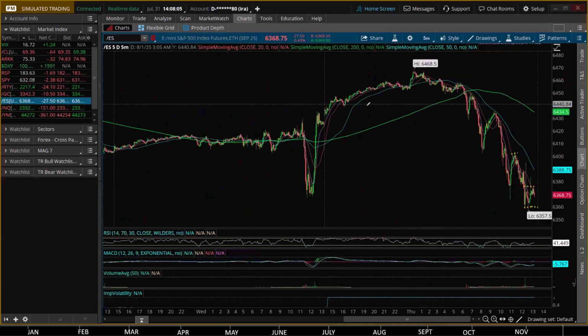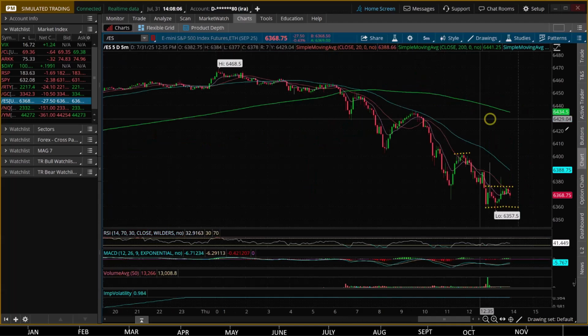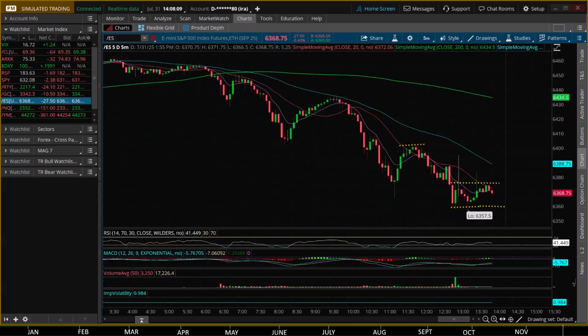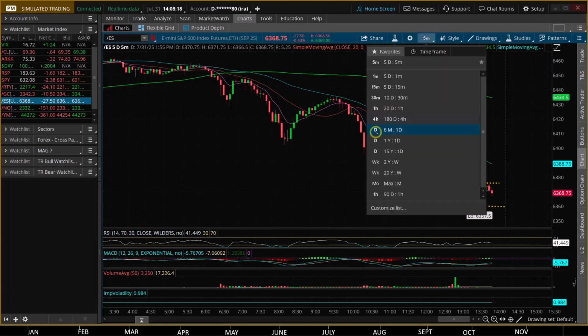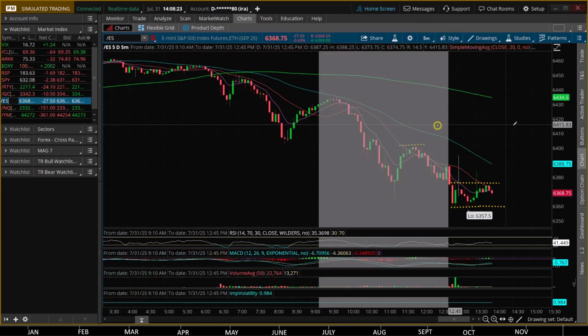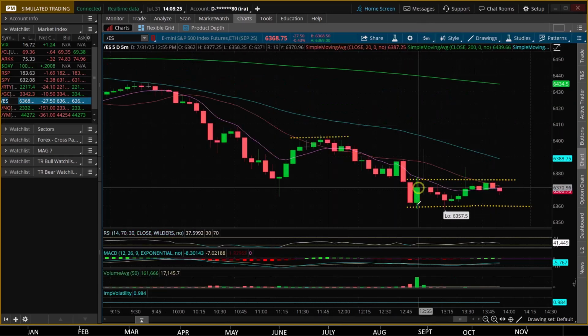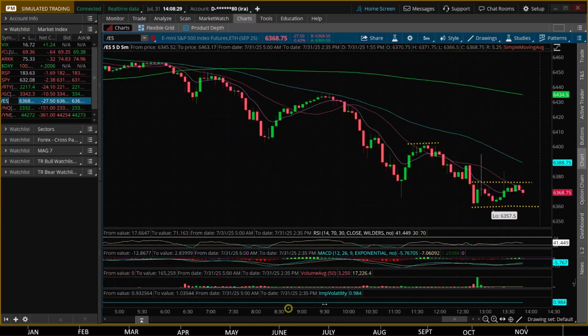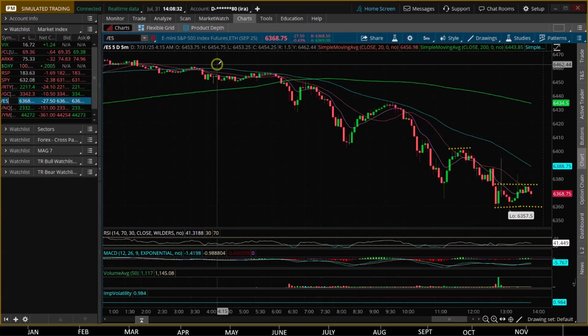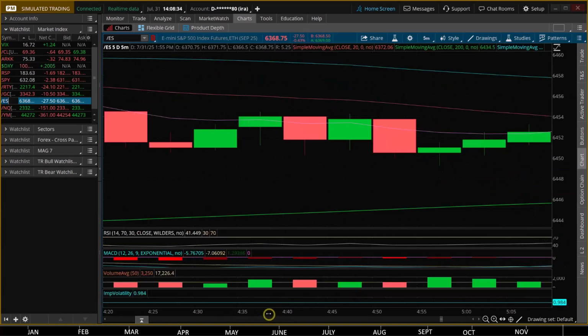Interesting. Well, that depends. For me, when I'm looking at the ES tonight, I see this as consolidation, certainly a K trade, which means I'm trying to find the trend line here.